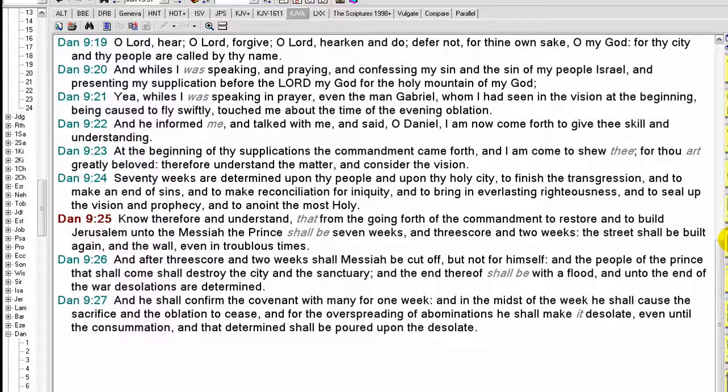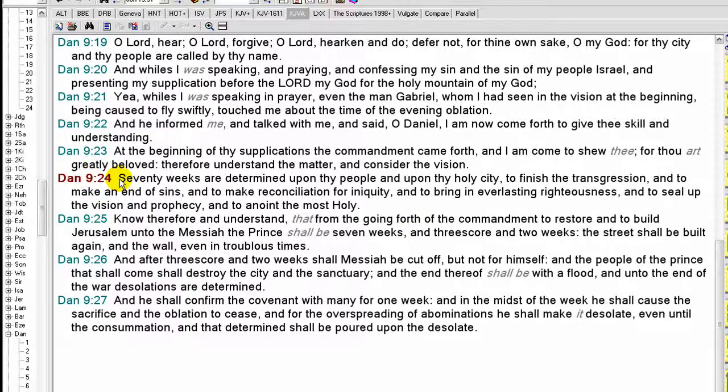Let's go to Daniel 9, actually let's start at verse 24. It says, "Seventy weeks are determined upon thy people and upon thy holy city, to finish the transgression, and to make an end of sins, and to make reconciliation for iniquity, and to bring in everlasting righteousness, and to seal up the vision and prophecy, and to anoint the most holy.